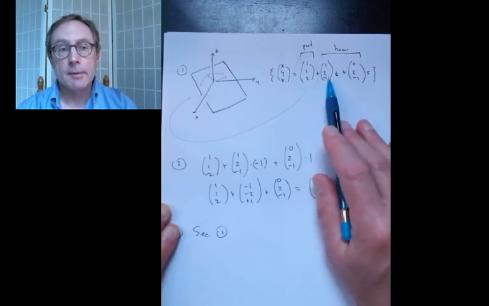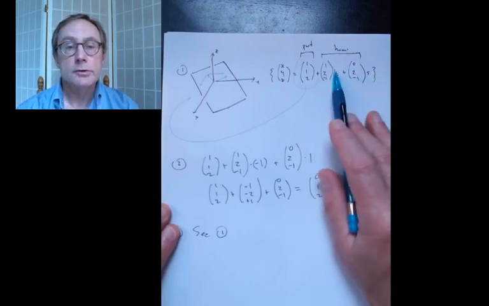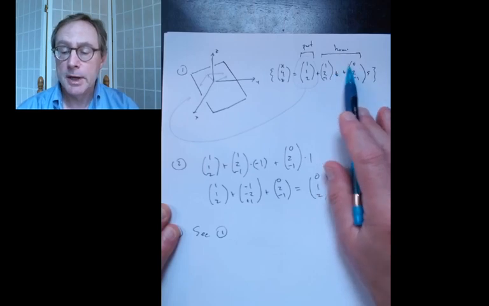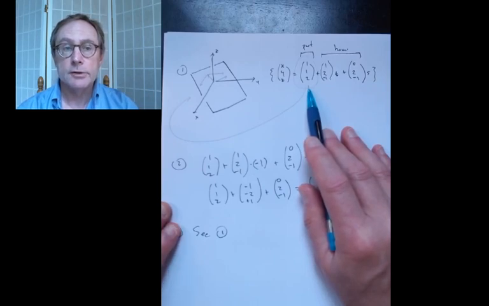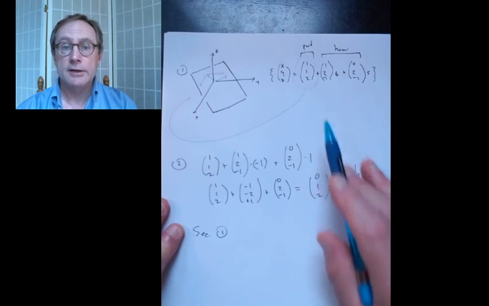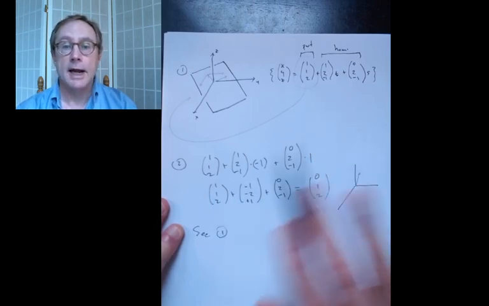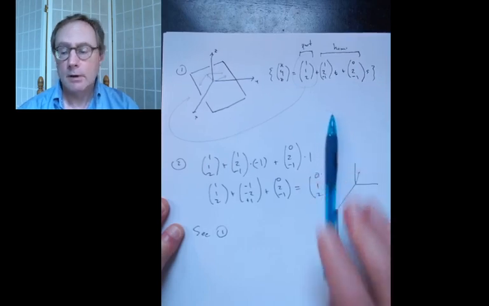So the geometry I'm directing your attention to is that this part here, the solution to the associated homogeneous system, is what gives us the interesting behavior, the infinitely many solutions. And the particular solution is not special in the sense that I can change it for a different particular solution and I get exactly the same plane for a solution set.